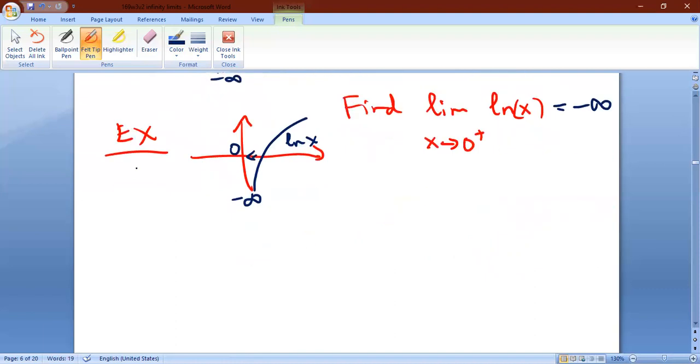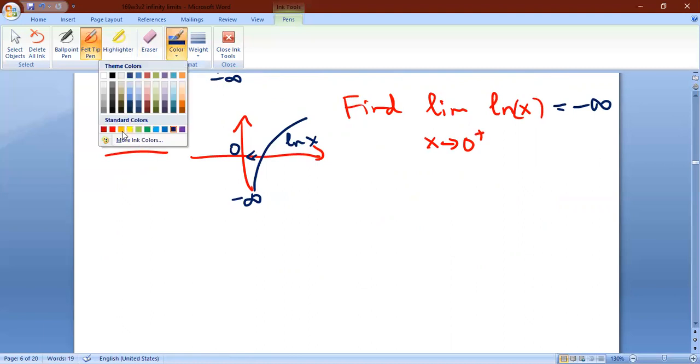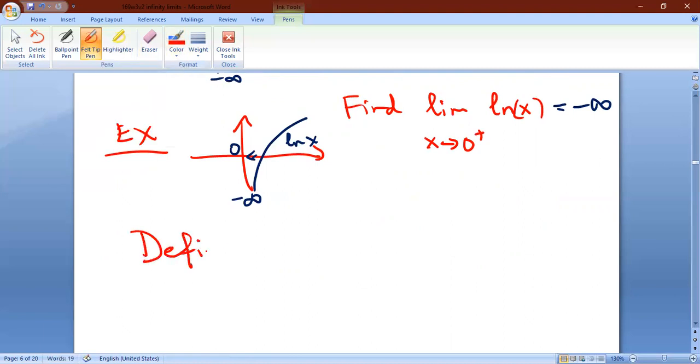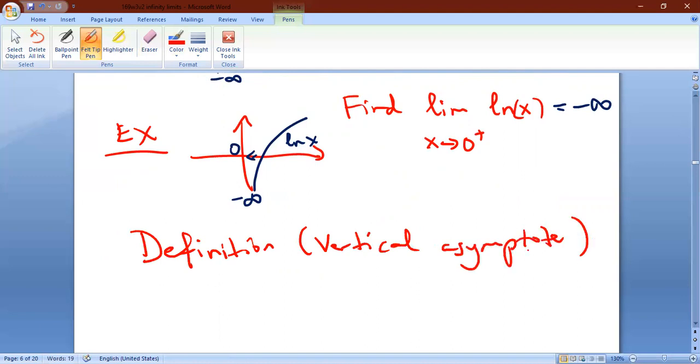Okay, one more definition. These things are called vertical asymptotes. So this is the definition of a vertical asymptote. The line x equals a is called, like all these previous examples.